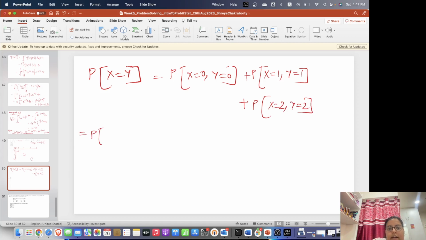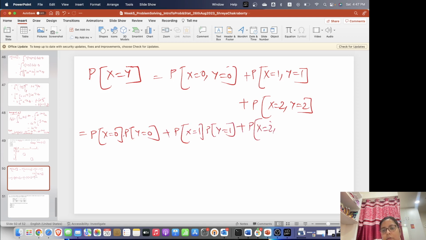Now we can write it as probability x equal to 0 into probability y equal to 0, plus probability x equal to 1 into probability y equal to 1, plus probability x equal to 2 into probability y equal to 2, since x and y are independent.